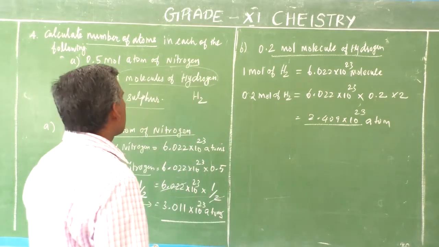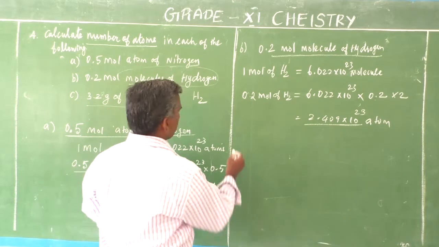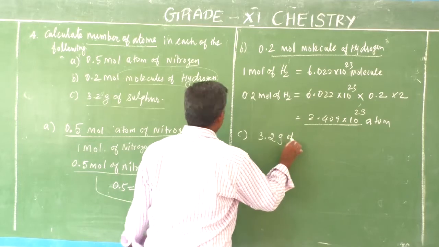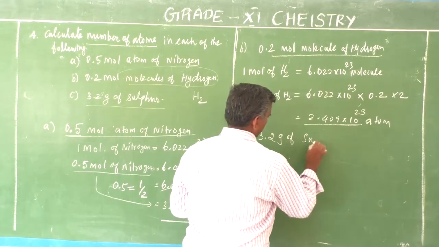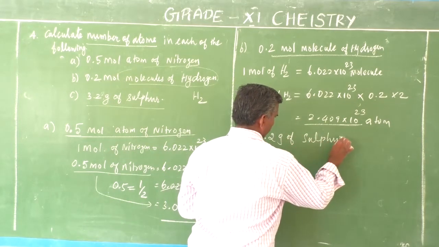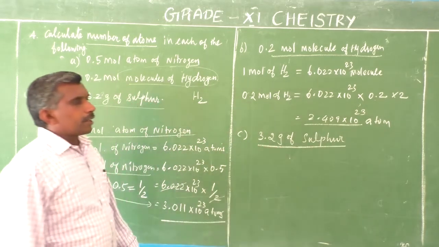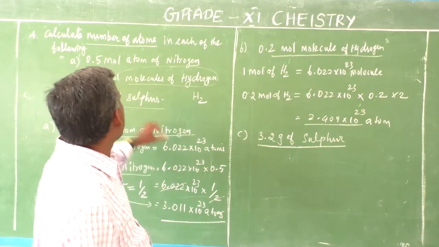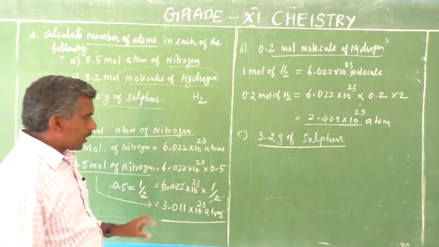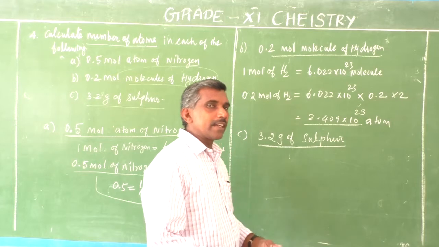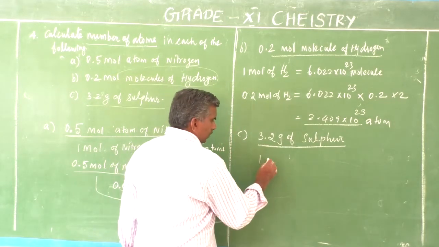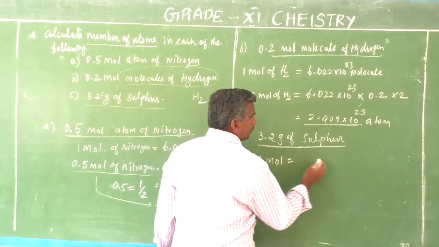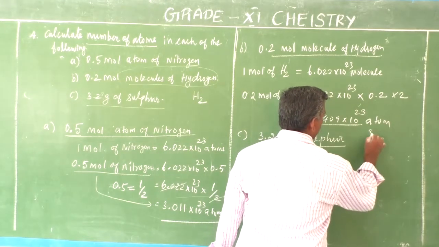Now see the question. 3.2 gram of sulfur contains how many atoms? What is the number of atoms? Here the mass is given to find the atoms. So 1 mole of sulfur is equal to, what is this? Sulfur atomic number 16, mass number 32.